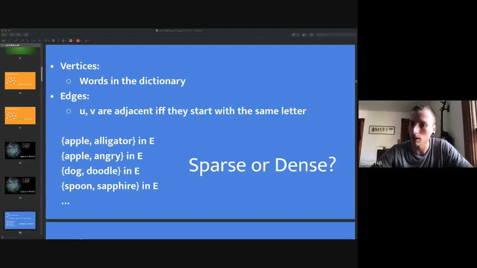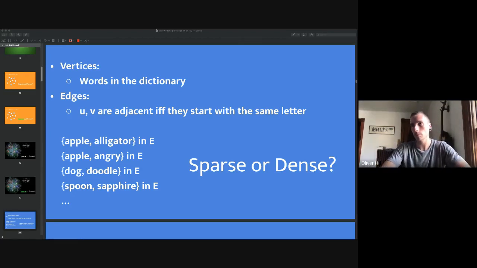I agree with Eleanor. Can anyone tell me the average number of connections each node will have in the graph? Yeah, exactly. V over 26.